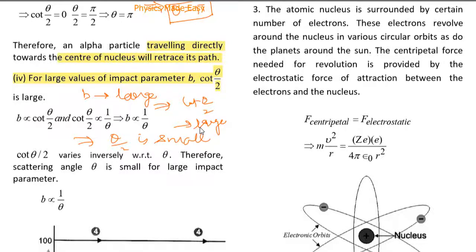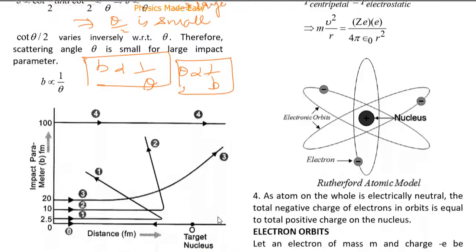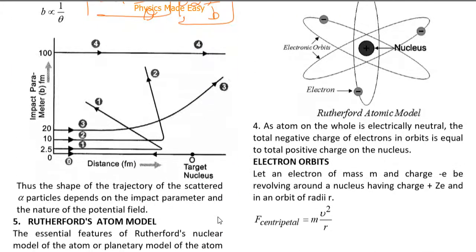So what is important is that B is inversely proportional to theta, or theta is inversely proportional to B. Smaller the impact parameter, larger will be the value of theta. Larger the impact parameter, smaller will be the value of scattering angle.